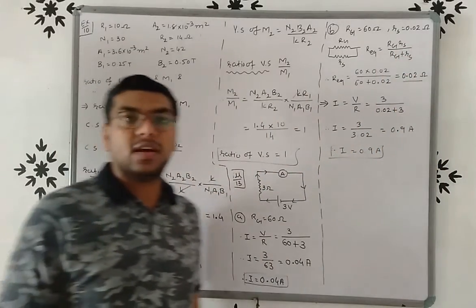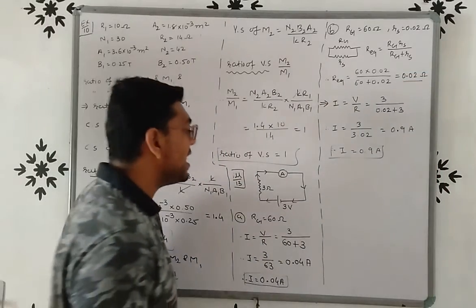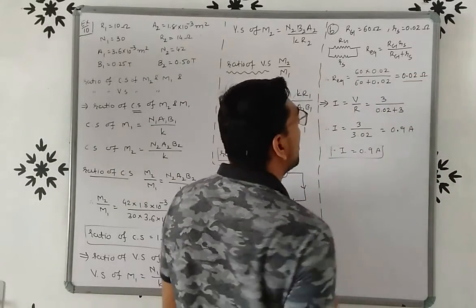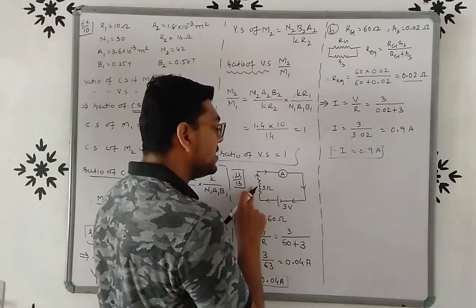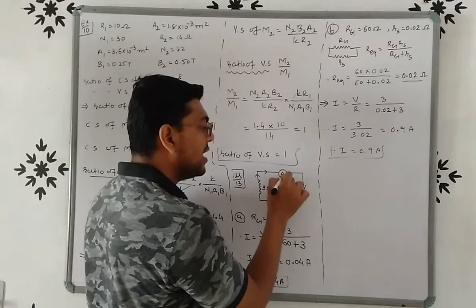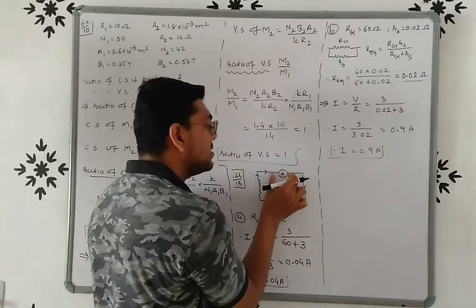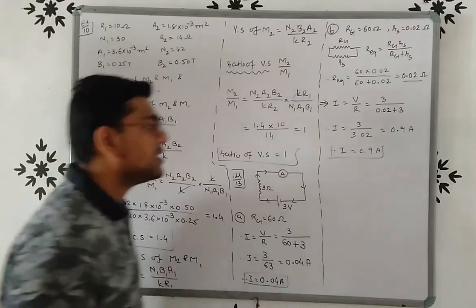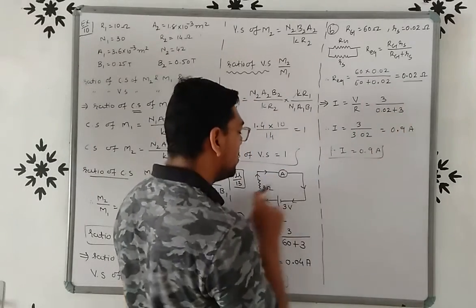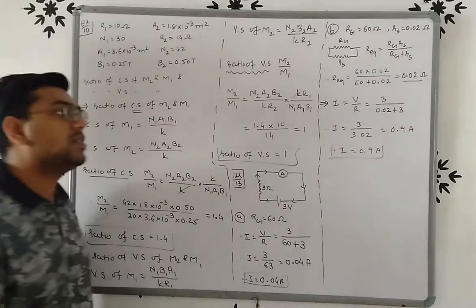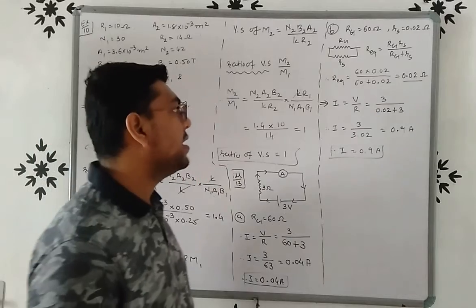To find out current, we use Ohm's law. V is equal to IR, so I is equal to V by R. Value of voltage 3 upon total resistance. So this circuit is in series with the resistor having resistance 3 ohm, right? So total resistance will be 0.02 plus 3, so 3.02. So we will get the current I 0.9 ampere.